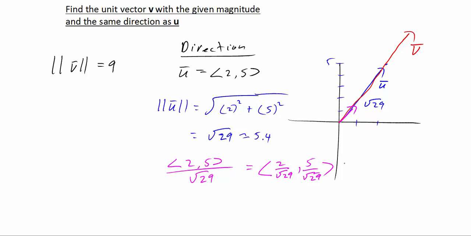So this here is our unit vector. Okay, so therefore we know this vector has simply a magnitude of 1.